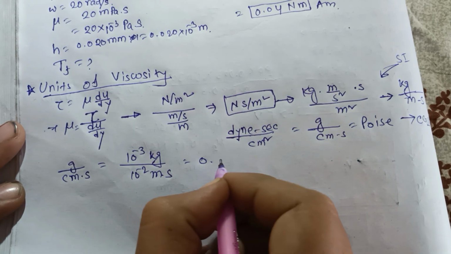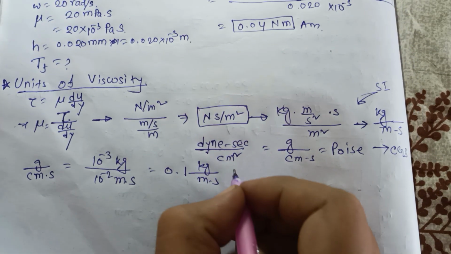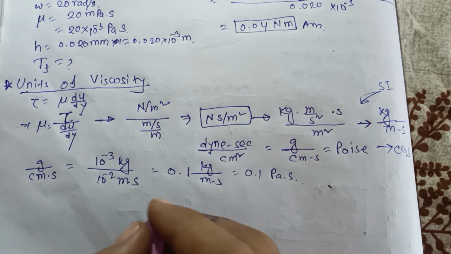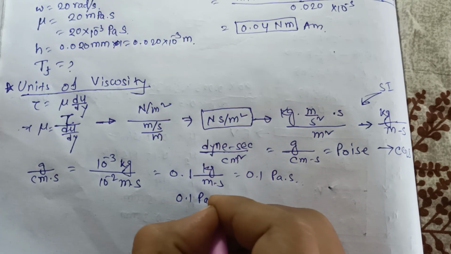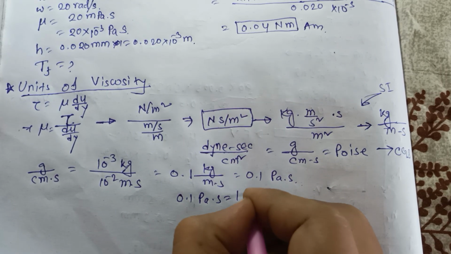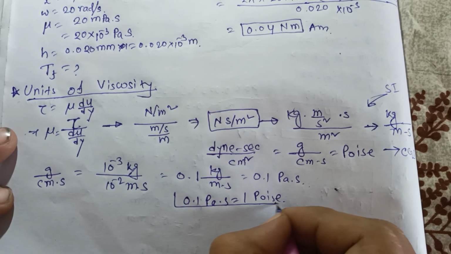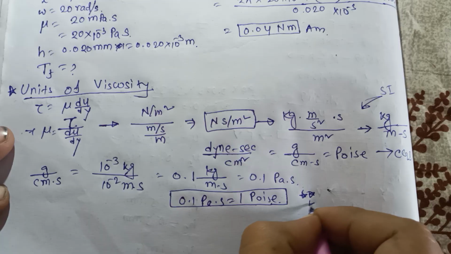That is equal to 0.1 kg per meter second, which is equal to 0.1 Pascal second. So from here you can say that 1 poise is equal to 0.1 Pascal second. This is very, very important.